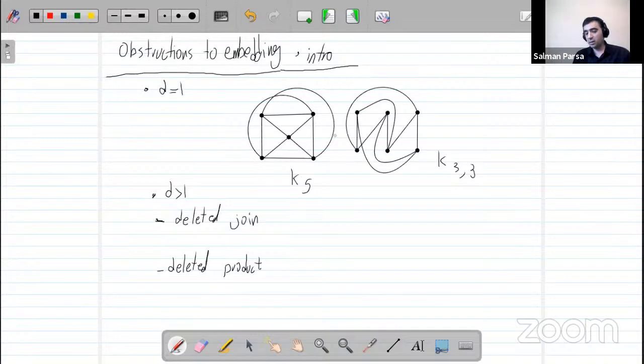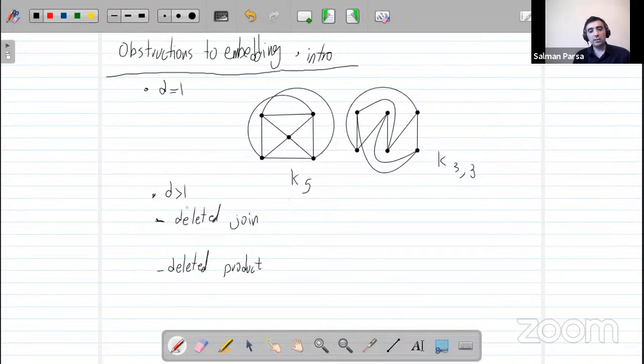So obstructions in general mean some object that prevents the embedding from existing. So we can think of these two subgraphs as obstructions for embedding into double dimension for d equals 1. This is not very old.